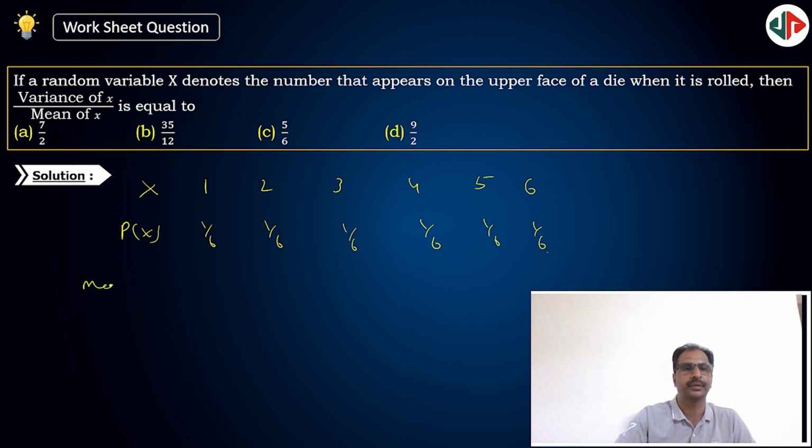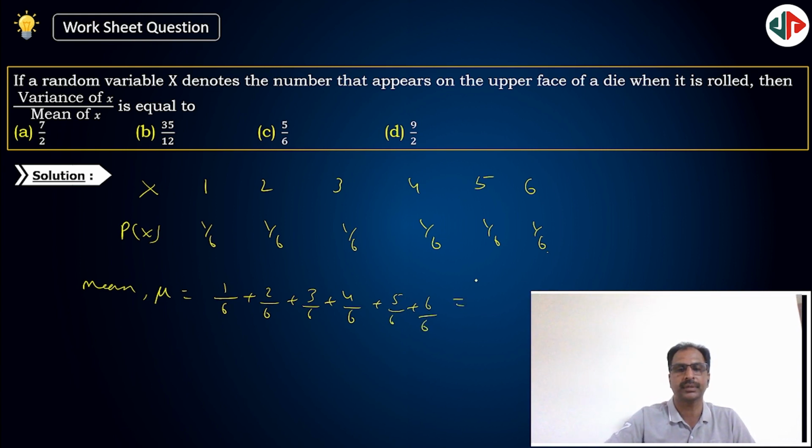And what is mean? 1 into 1 by 6 plus 2 by 6 plus 3 by 6, 4 by 6, 5 by 6, 6 by 6. This is nothing but 21 by 6, which is 7 by 2.